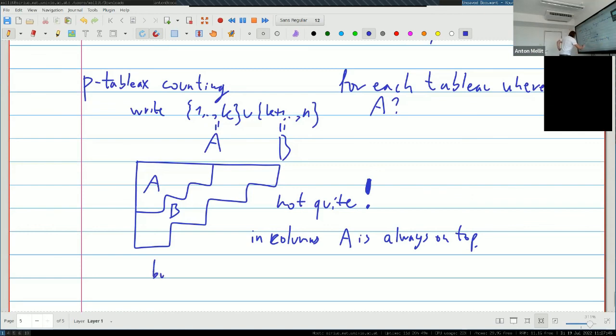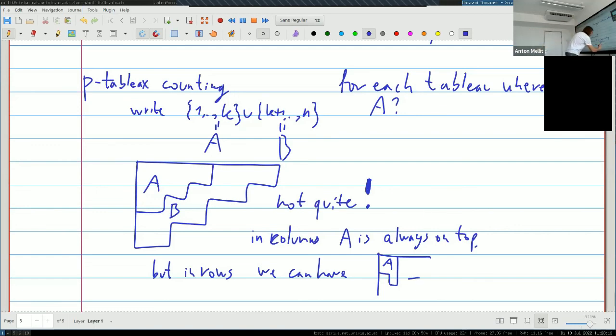But in rows, we can have something like this, where the size of the row can get one bigger.